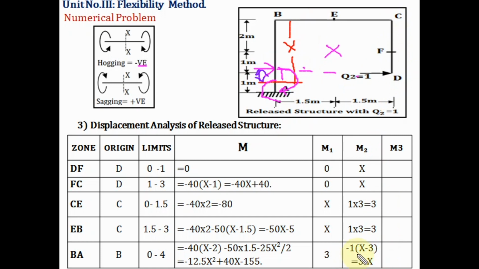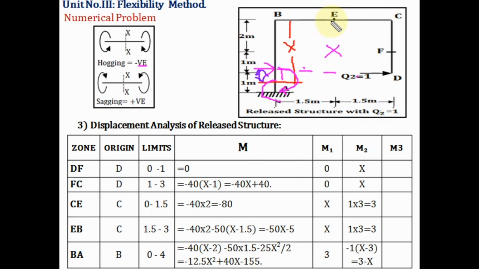So here -1 into x minus 3. So the bending moment in zone BA is -1 into x minus 3, which becomes 3 minus x. Now the limit we know. For BA, what is the length? At B, which is the start, x is 0, and at A the length will be 2 plus 1 plus 1, that is 4.